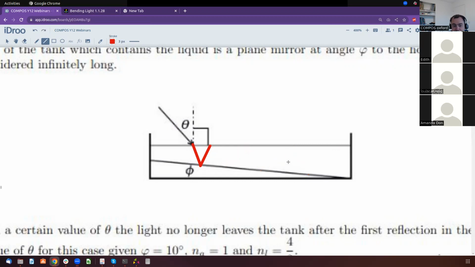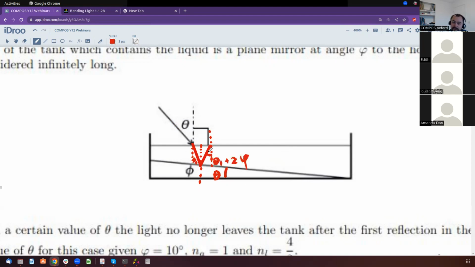The question is, what is the angle theta so that it does that on the first bounce? On the first bounce, if this angle is theta, well, basically what happens when light comes in, this is going to be theta, this is theta 1, this is going to be theta 1 plus 2 phi.